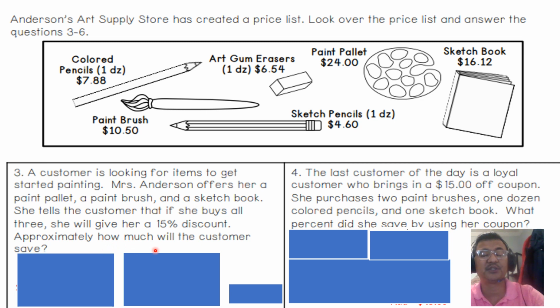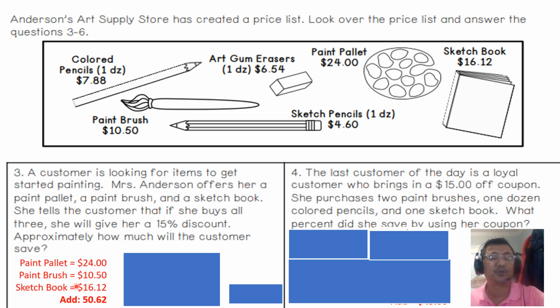Approximately how much will the customer save? Let's look at it. A paintbrush is this one, 10.50. A paint palette is over here. How much is that? 24. And a sketchbook is 16.12. Add them up. So this is the total of the items, but she's not going to pay all of that.